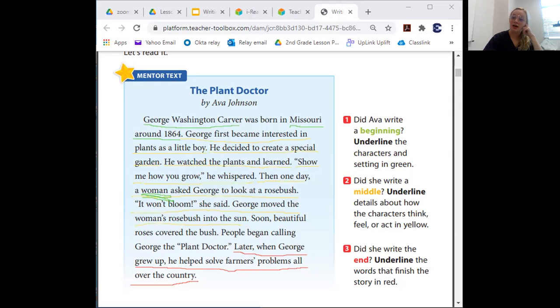Okay, guys, that is pretty much it for writing today, with the exception of our write time, which I'll show you in a second. Just make sure to finish underlining in your book before you move on.